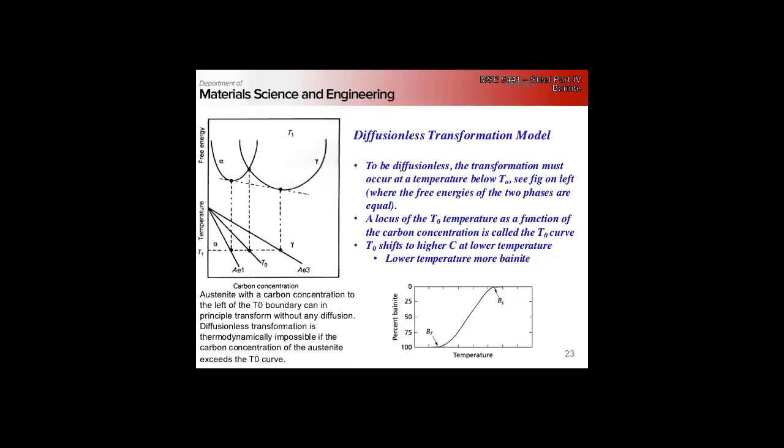The free energy of our austenite is lower than the free energy of our ferrite at that composition. So the reaction can only go forward with diffusion happening. It can't occur in a diffusionless manner anymore.